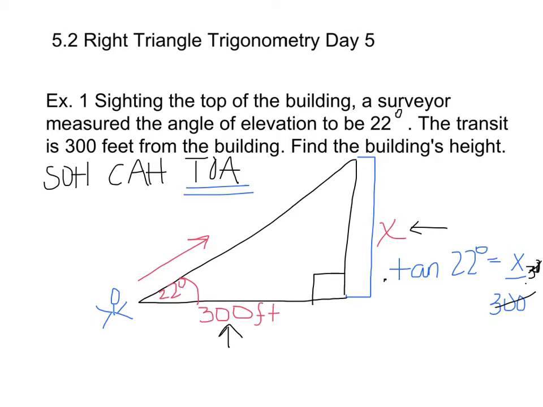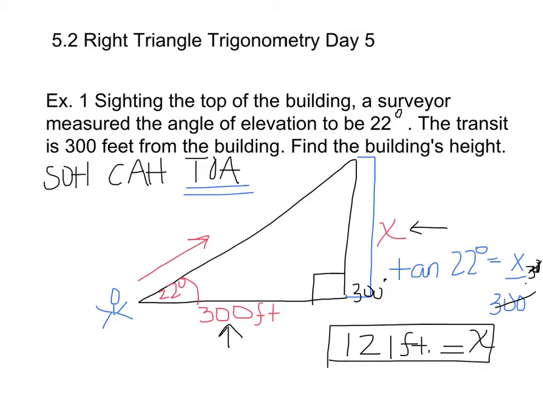Putting that in your calculator, you're going to get 121 feet. And there you have it. So you just have to make sure you're picking the correct trig function to find what you're looking for.